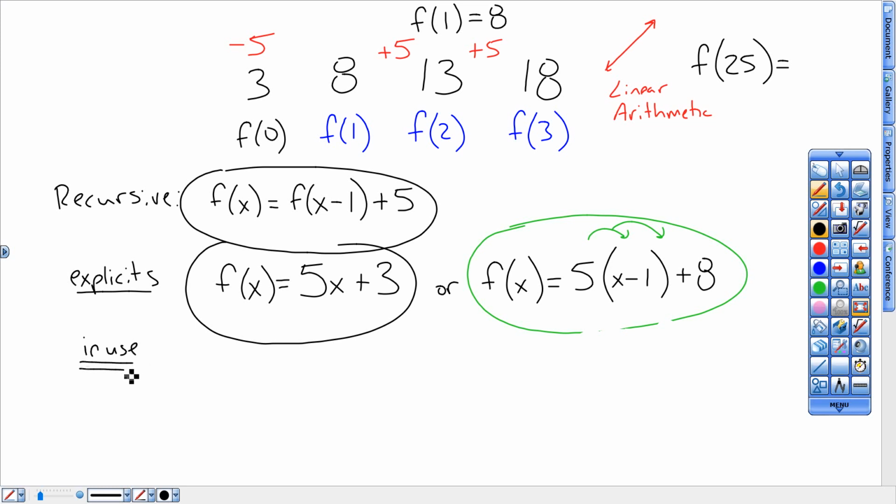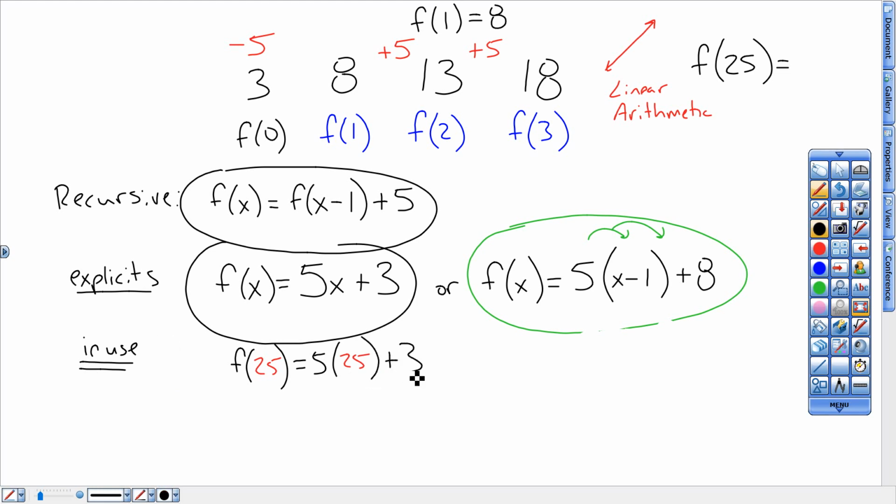I'm going to plug in 25. So for this one, plug in 25 for x. That just shows I'm plugging in x is 25. Right here is where I actually plug in the 25 and do some math.